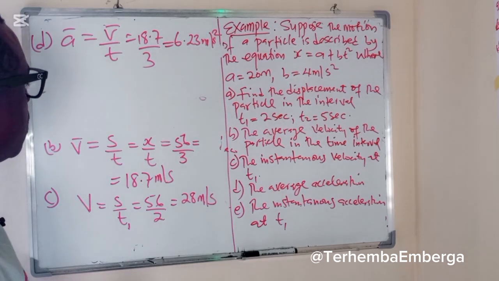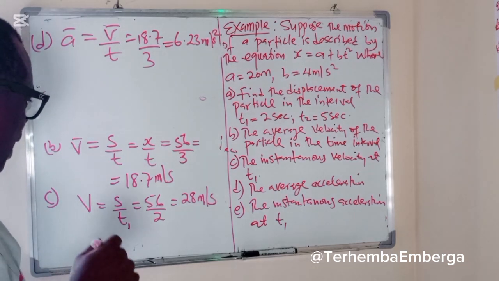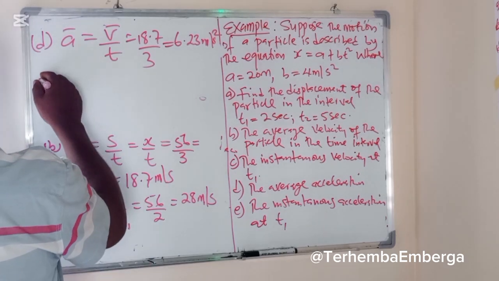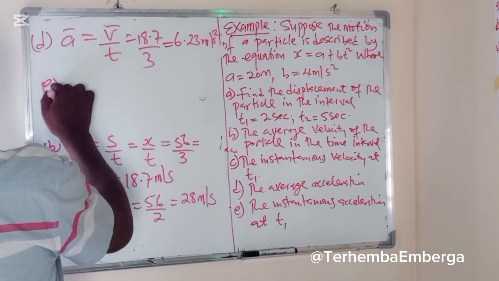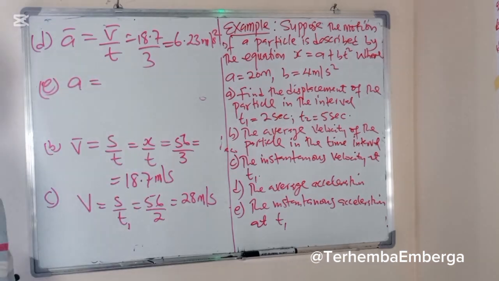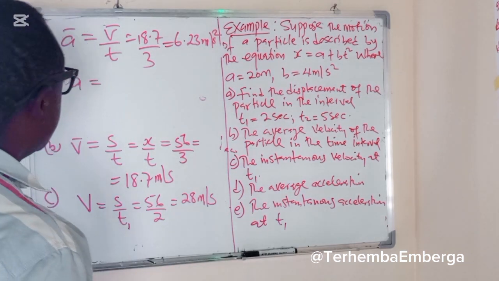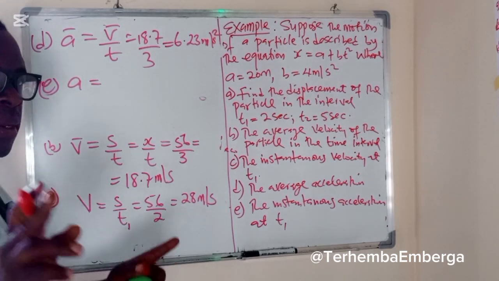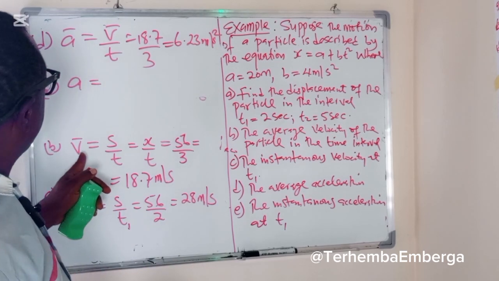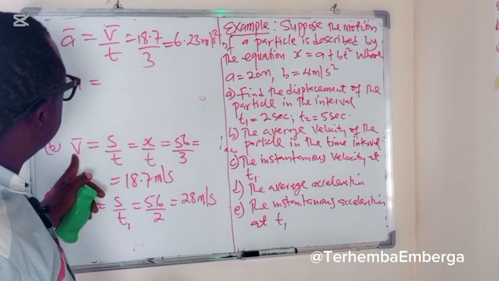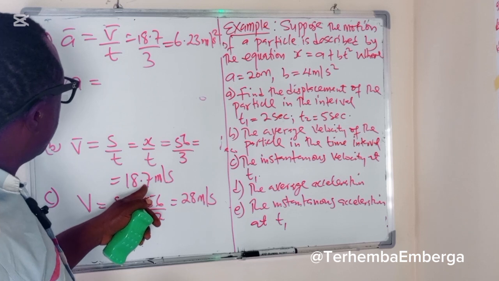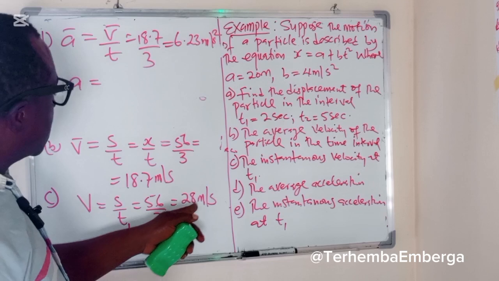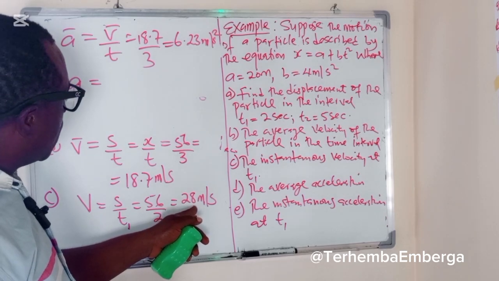The E part of it, the instantaneous acceleration at T1. Already we have calculated the velocity. You need to be very careful. Average velocity is calculated to be 18.7 meters per second. The instantaneous velocity is calculated to be 28 meters per second.